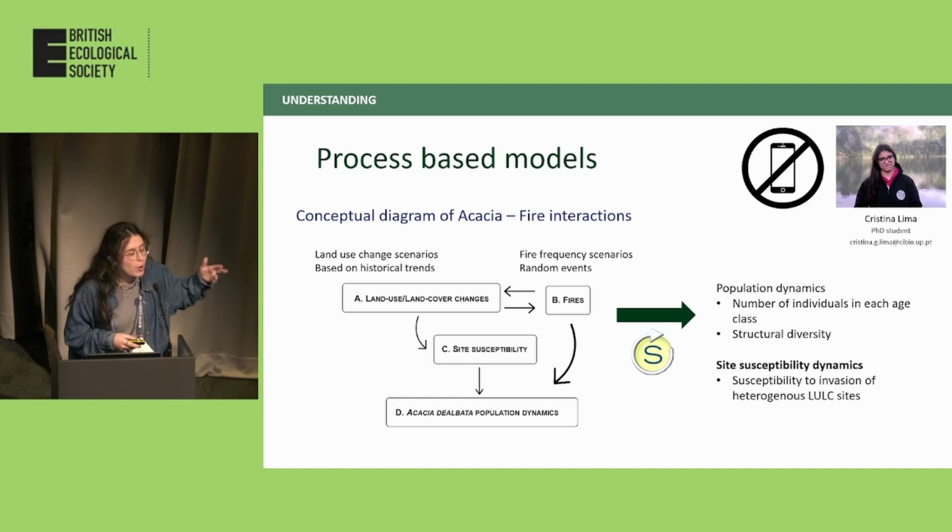And then you can model this. We used Stella software, which is actually an interesting software for ecologists that don't want to deal too much with the mathematics, as we just need to work on the conceptual model and the data. And then you can basically analyze your relevant variables through time. So, for example, population dynamic variables, or even the site susceptibility to invasion by the species.